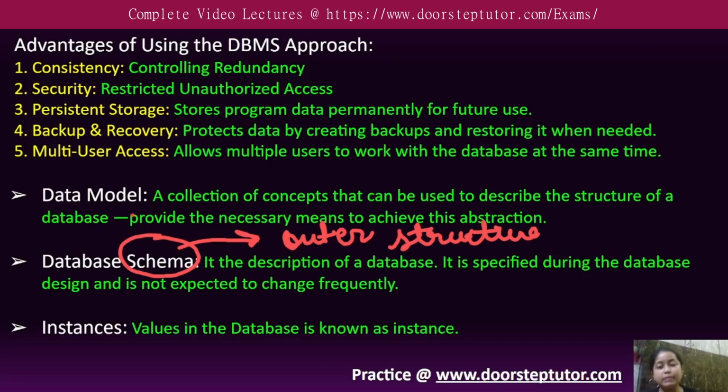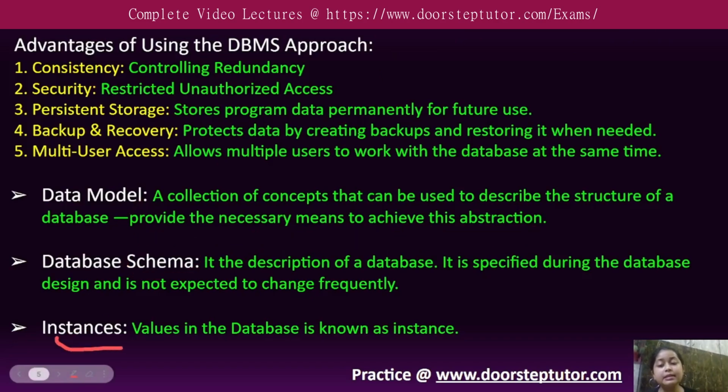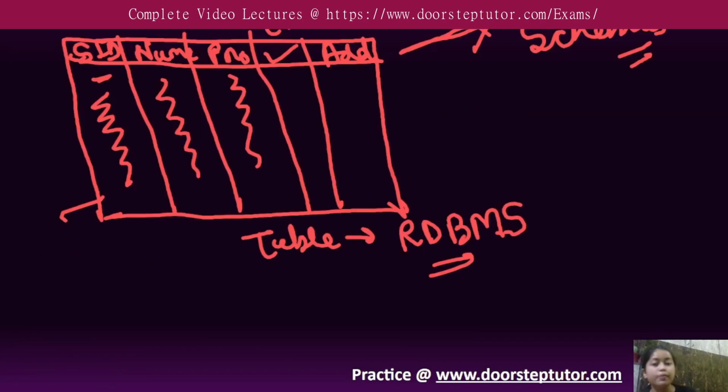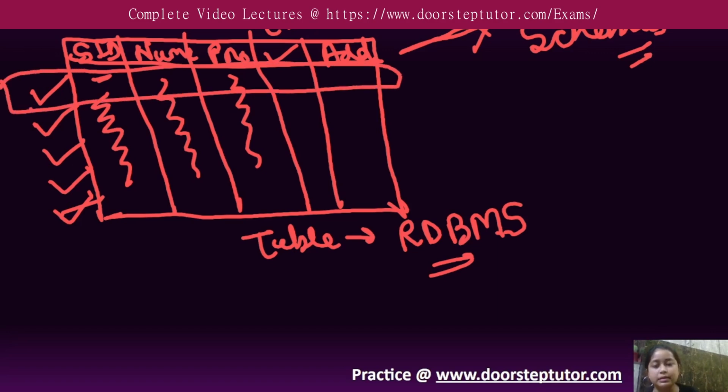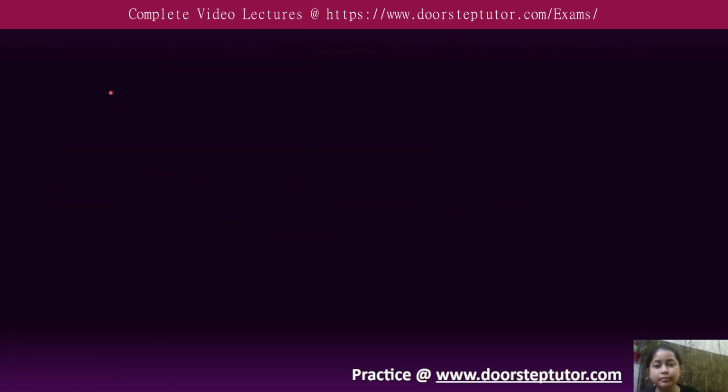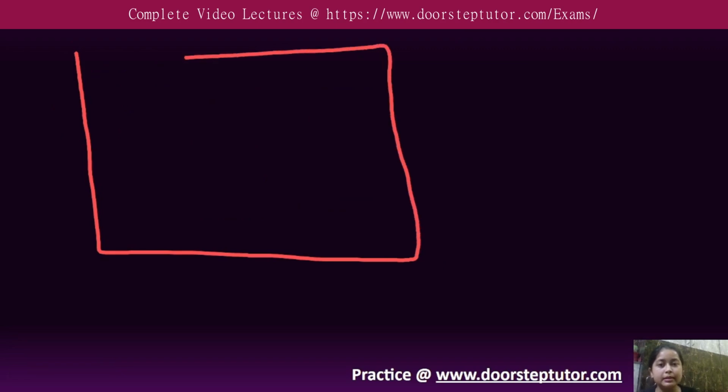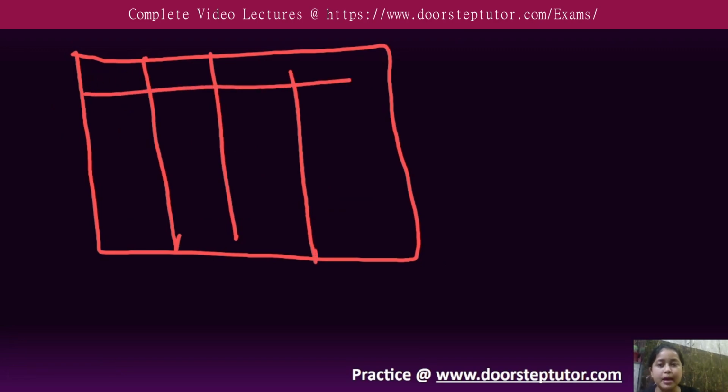Now, what are instances? Instances are the values in the database. If you insert values in this database, then those values will be the instances. For example, again suppose this was the table, with student ID, name, email ID, and phone number.